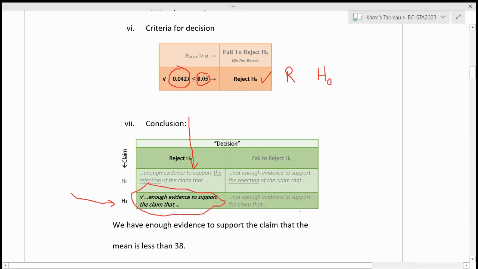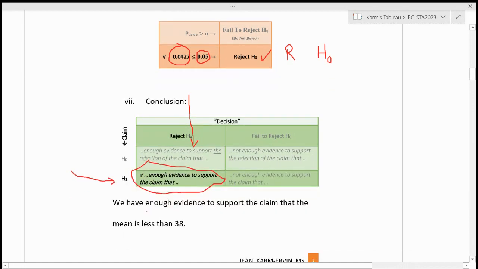So my conclusion will be we have enough evidence to support the claim that the mean is less than 38. That will be the way to do a conclusion.